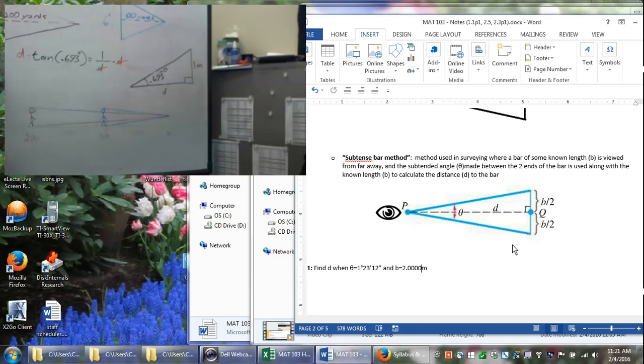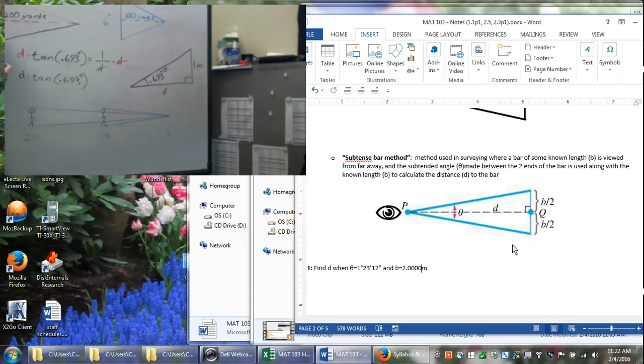Now what? I was trying to find this distance here from our eye to this bar over here. So I need a trig function that relates my opposite side to my adjacent side for my known angle. And that would be tangent, right? Tangent is opposite over adjacent. I keep forgetting this degree symbol.